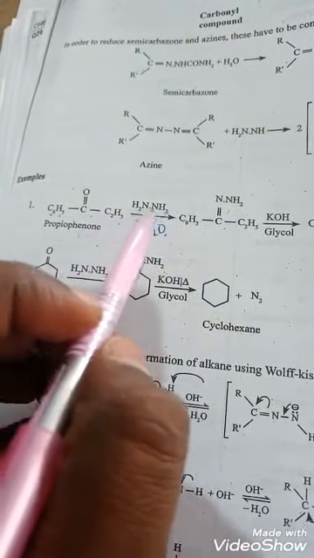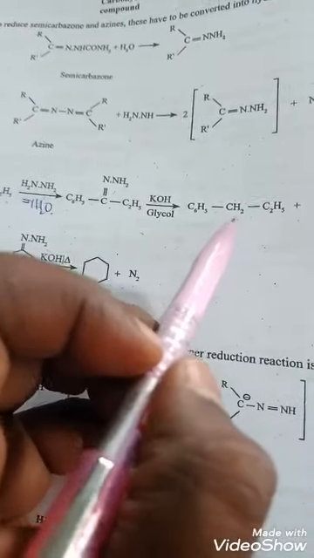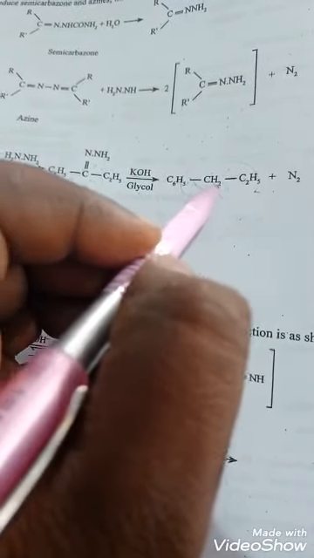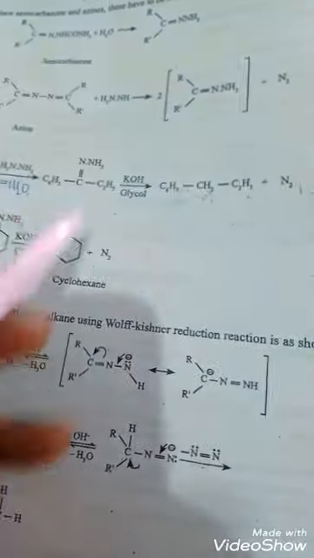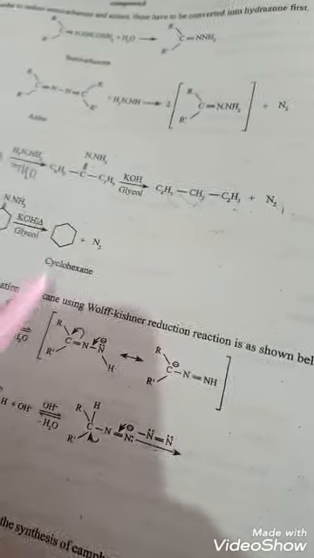So H2O is outside. So what happens? C double bond and H2. So in the KOH glycol, it gives C6H5 CH2 C2H5. What happens in this? The N2 molecule is released. Why? Because this carbonyl compound is converted only into alkanes, not other products.